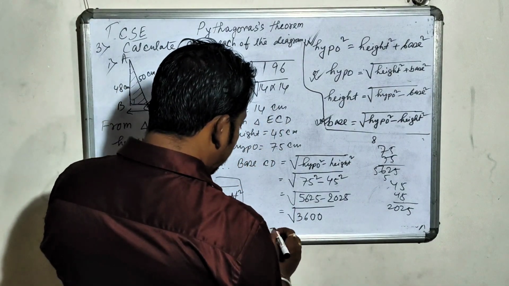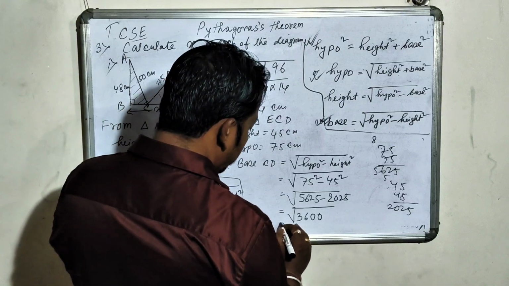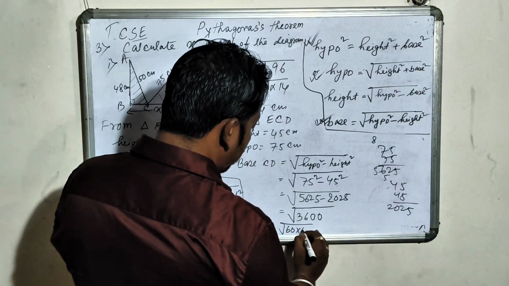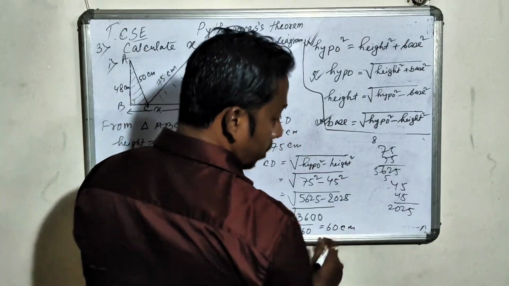Therefore CD equals 60, 60 into 60, that should be 60 centimeter.